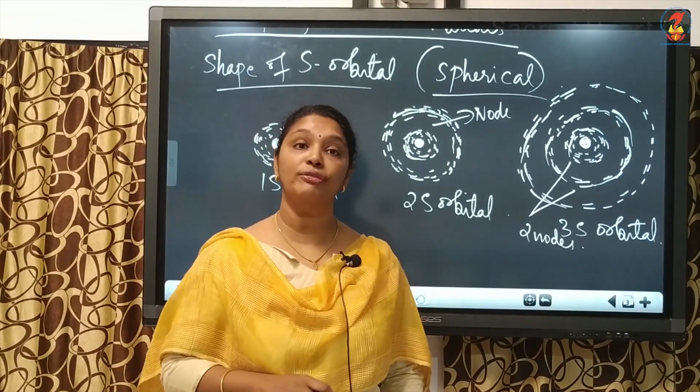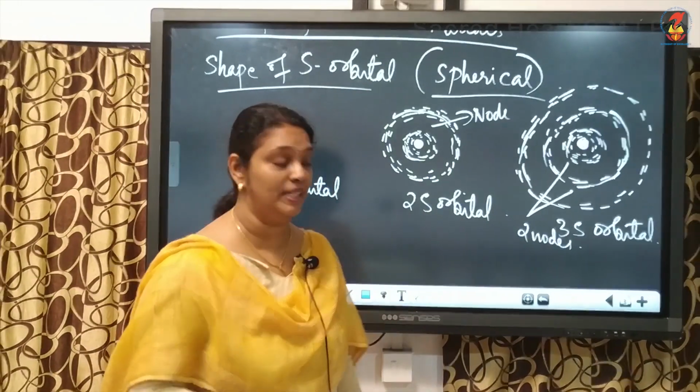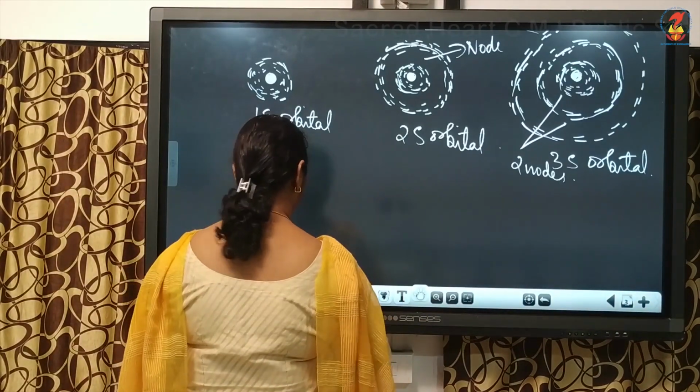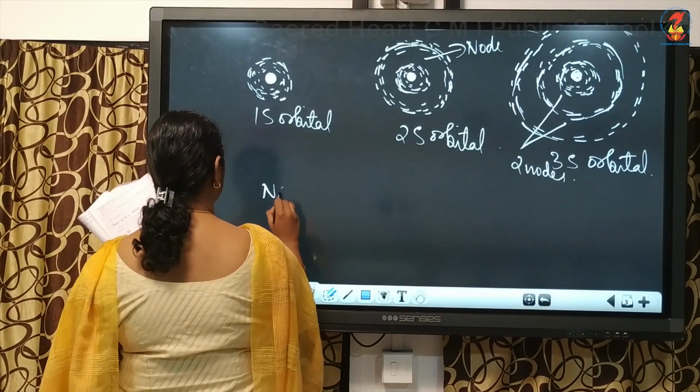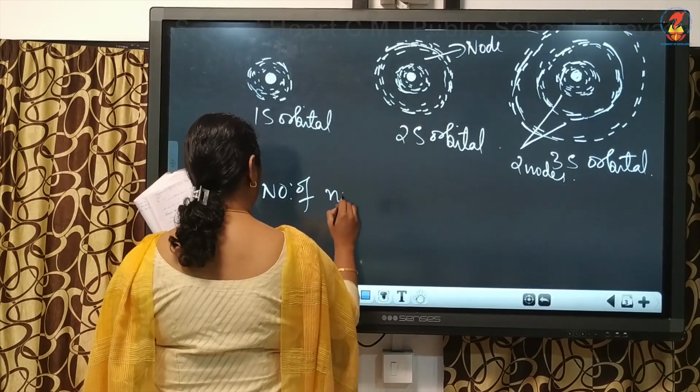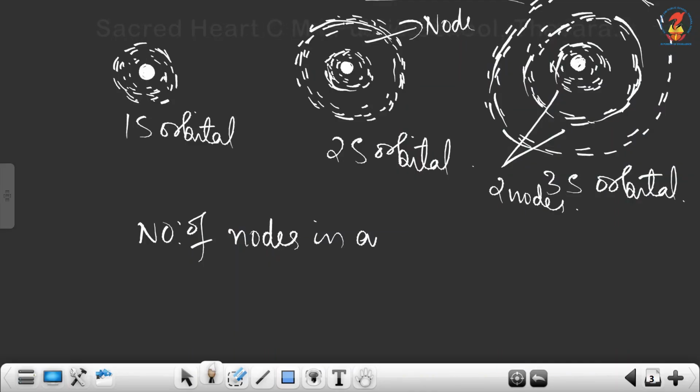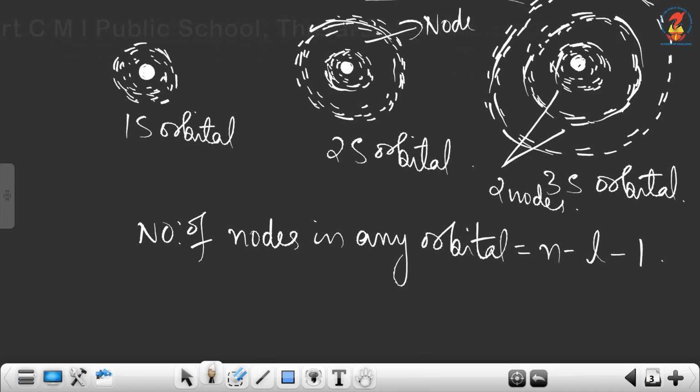Now, there is an expression to find the number of nodes in any orbital, and that expression is: number of nodes in any orbital is equal to n minus l minus 1. This is the expression.